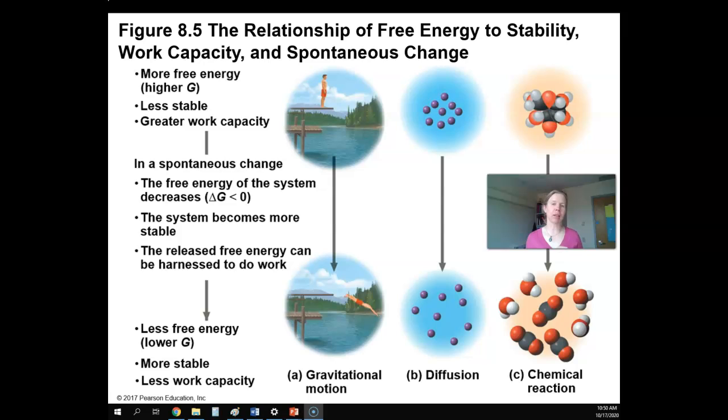Same thing, thinking about a complex molecule like glucose becoming carbon dioxide and water. Realize that the glucose has more free energy. It's going to be more stable once it's broken up. So this reaction wants to proceed. Now, glucose doesn't quickly go to CO2 and water just left to its own devices.